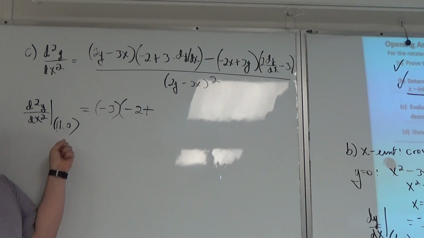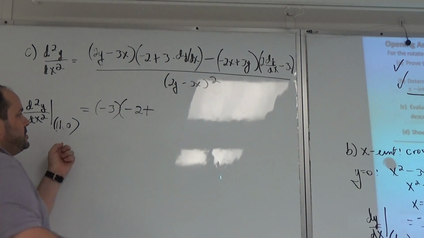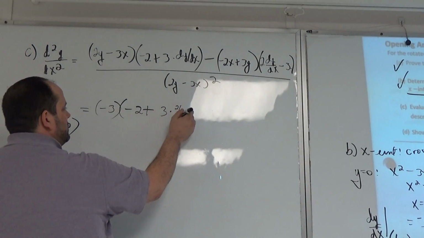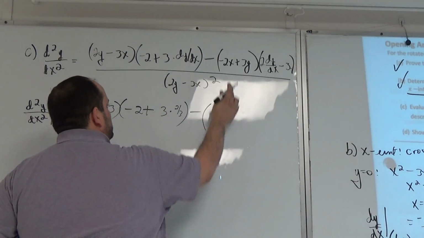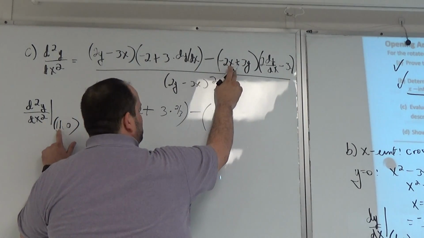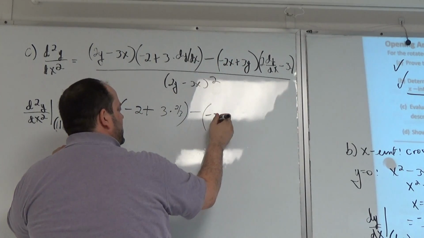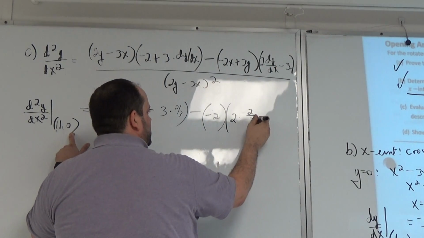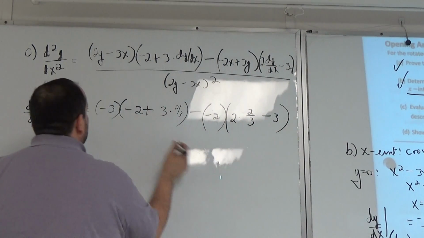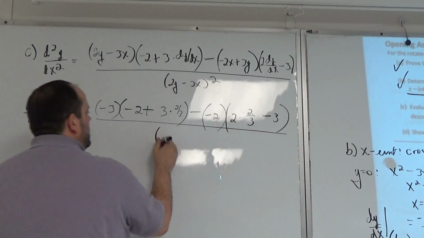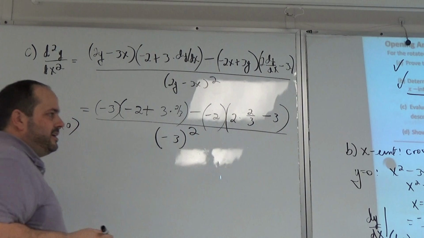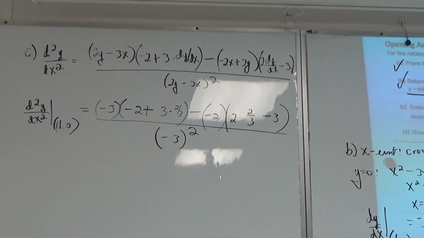You already know what the first derivative is at 1 comma 0. We found that in part B. So it's negative 2 plus 3 times, what was it? 2 thirds. Minus, over here, negative 2 times x, that's negative 2, plus 3 times 0, negative 2. 2 times dy dx again, minus 3, all over 2 times the y value, minus 3 times the x value squared.